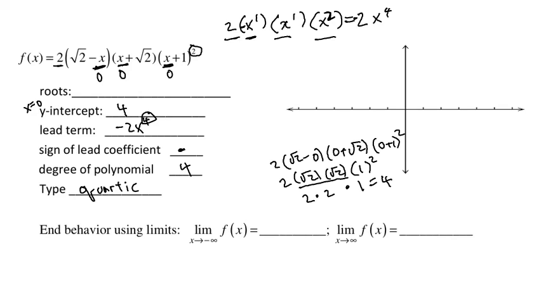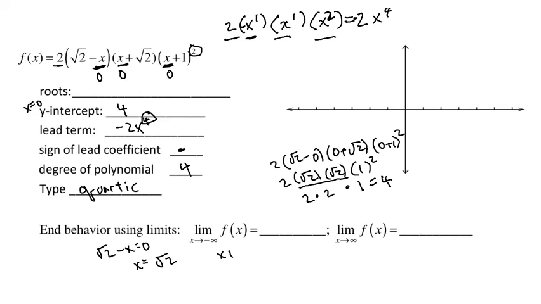Let's find the roots. So for the roots, we'll set each factor equal to 0. So were we to do that, we would have square root of 2 minus x equals 0. And when we solve for x, that means x is equal to the square root of 2.